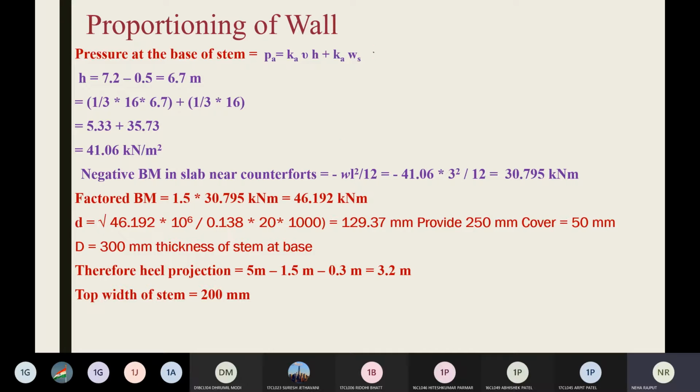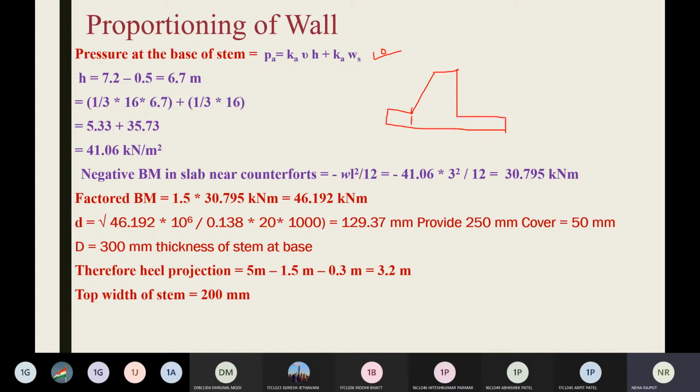Then this is the process given how to find the depth or the width of the stem part. So this also I have explained in cantilever, that either you can choose the bottom width of the stem like this. This is your retaining wall.